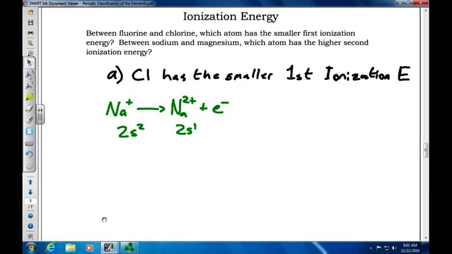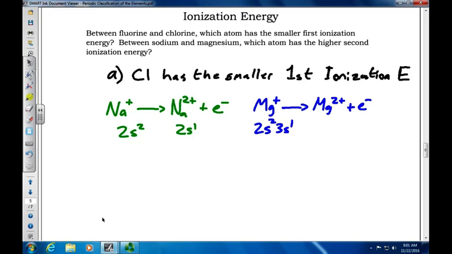Let's take a look at magnesium. Magnesium would be going from Mg+ to Mg2+ plus an electron, and this is going from a 3s1 to 3s0, sort of a hybrid.